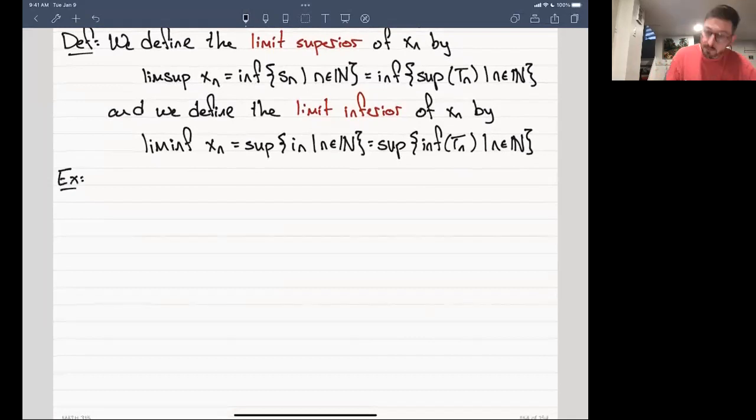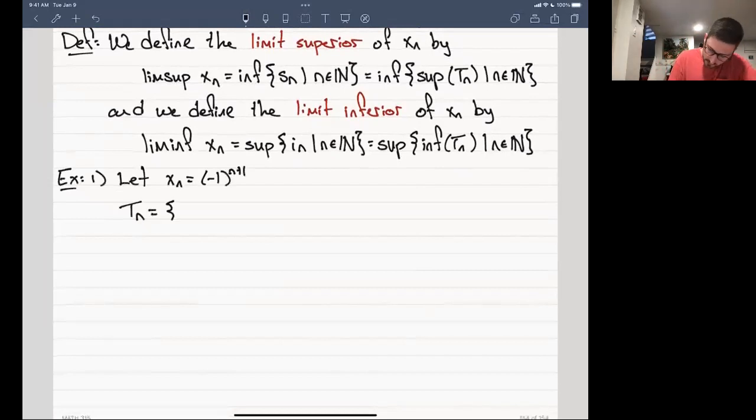There are three sequences that we've been using as examples. So let's use all three of those sequences. Here's example one. Let x_n equal (-1)^n plus 1. Remember, this is your sequence -1, 1, -1, 1, -1, 1, -1, 1, -1. Okay, so what are the tails of this thing?